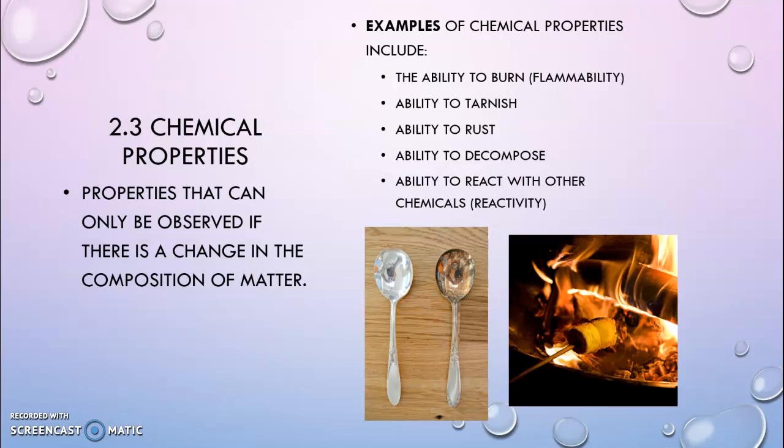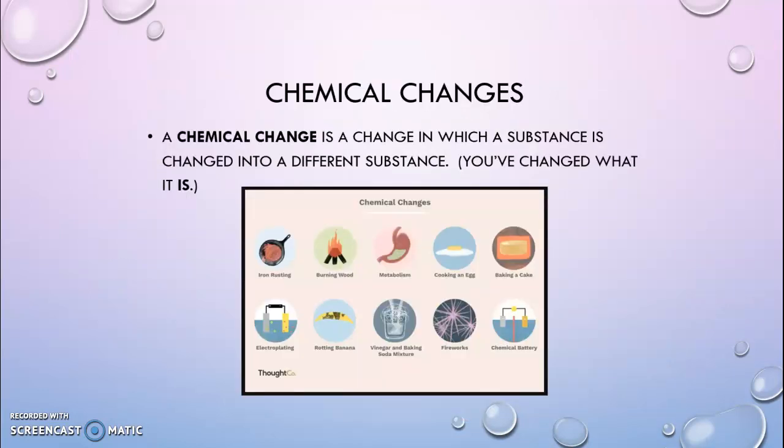When we think of decomposition, we often think of living things, like a leaf falling off a tree and then decomposing, eventually returning to the very elements that are in it and going into the soil. The ability of a material to react with anything else is known as reactivity. That would also be a chemical property. This list is not all inclusive, but it gives you an idea of what we're talking about.